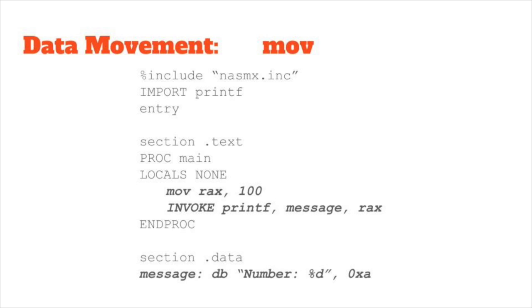Okay, so here's an example of that. I don't know if you remember the hello world function we had last time, but here you're assigning the register RAX the value 100 with the move instruction.